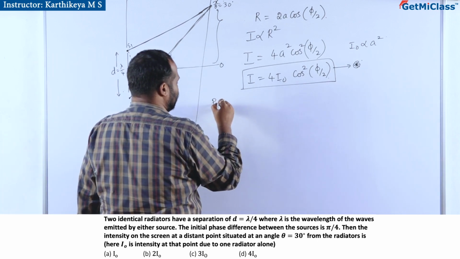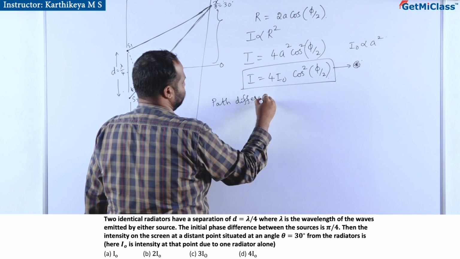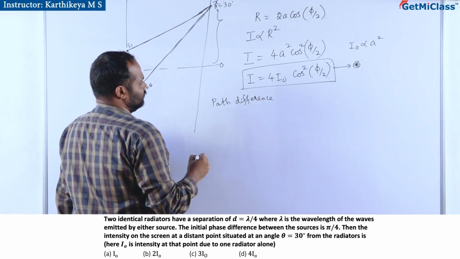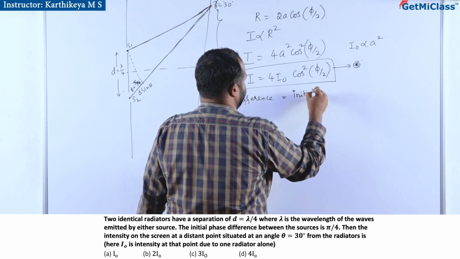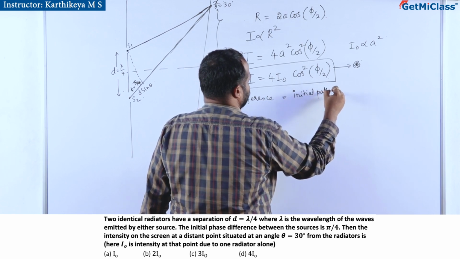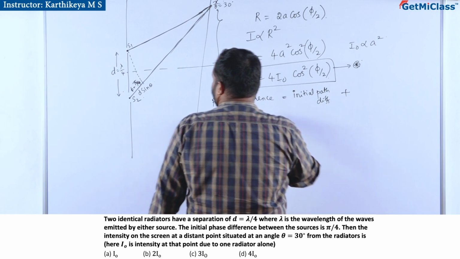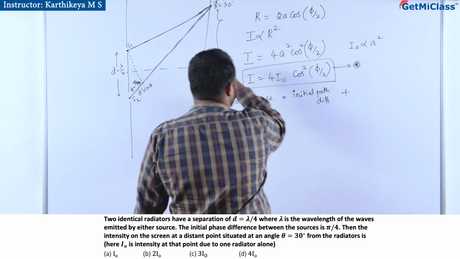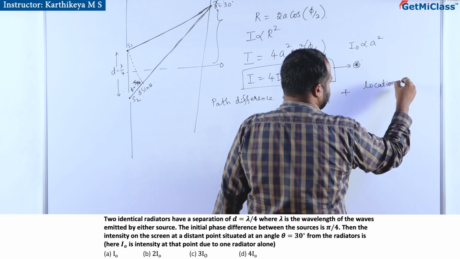So the total path difference is the initial path difference plus the locational path difference, that is due to the location.